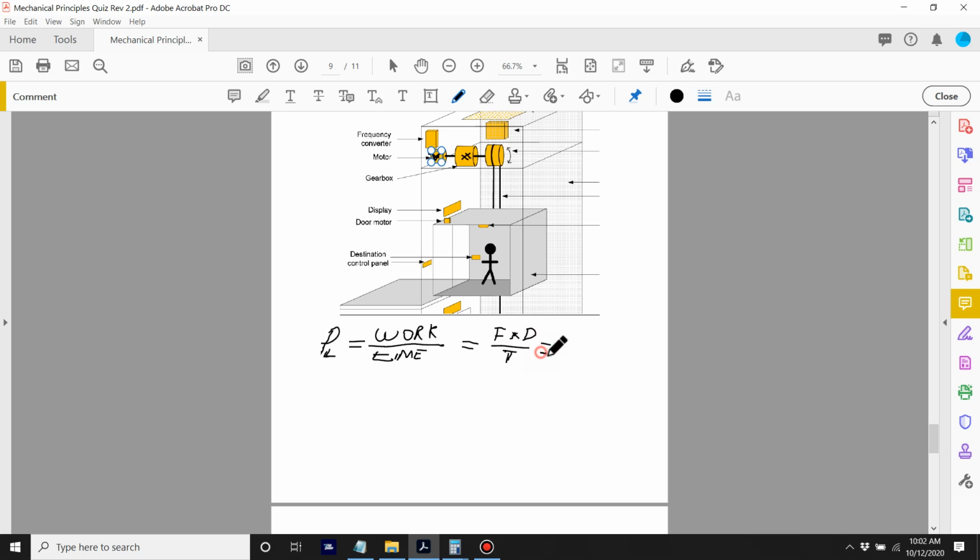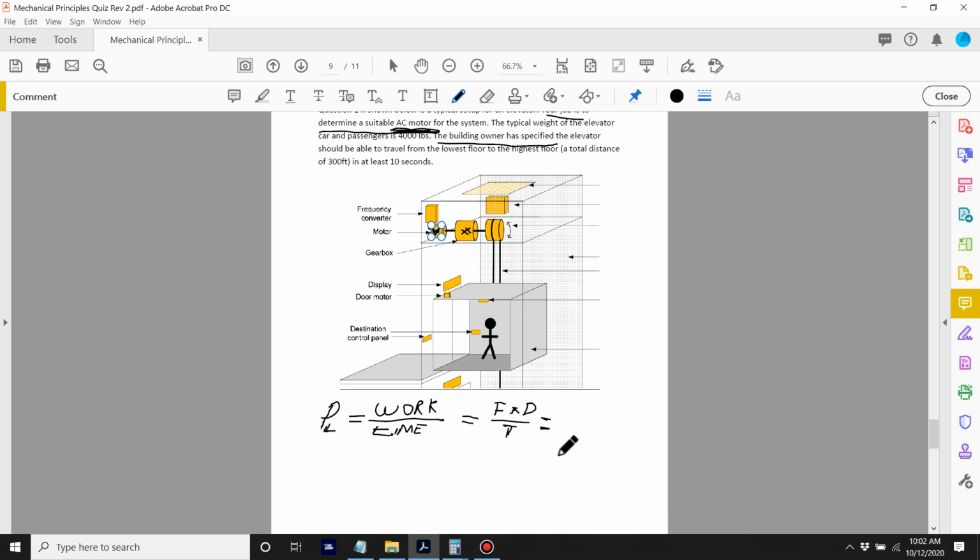Okay? The force in this example is how much weight it is. It's 4,000 pounds. The distance is, it needs to be able to travel from the lowest floor to the highest floor, 300 feet, in 10 seconds.